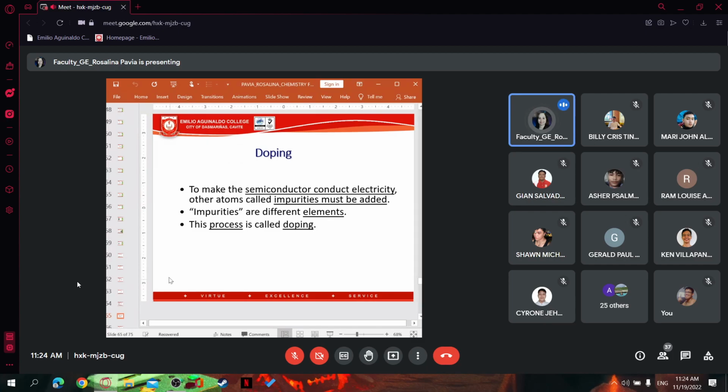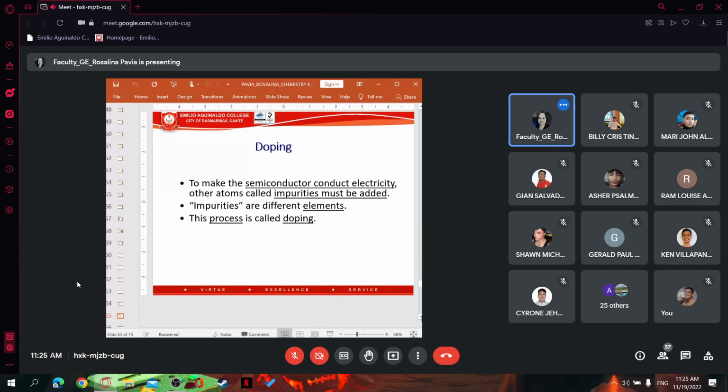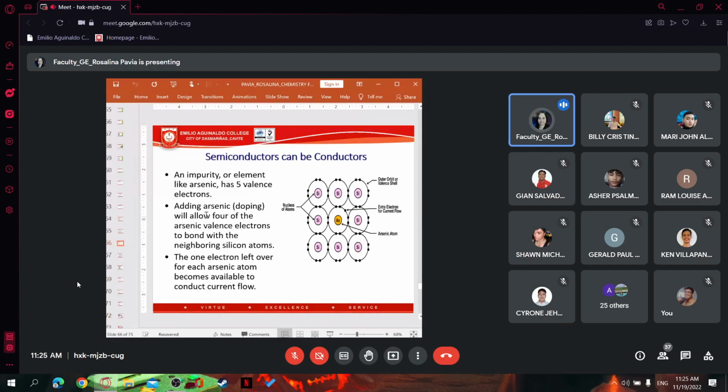Now, what are these impurities? Impurities are different elements. This process is called doping. Paano tayo magdo-dope? Para yung semiconductor mo maging conductor. From insulator, it will become a conductor. Okay, semiconductors can be conductors.